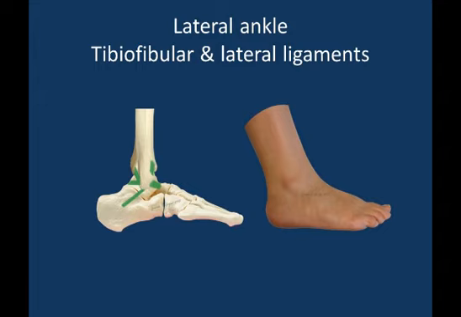The ligaments which can be examined from the lateral aspect of the ankle include the anterior and posterior tibiofibular ligaments and all three components of the lateral ligaments.